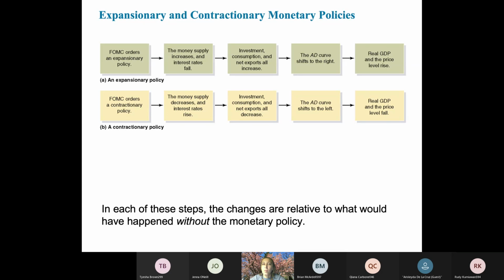We have an open market operation, followed by the money supply increasing or decreasing, and the interest rates change, and then we have a response from consumption, investment, net exports, and then we have the response of the aggregate demand curve overall, and we see the results in real GDP, employment level and the price level. Okay, that's the story of monetary policy. Any questions?